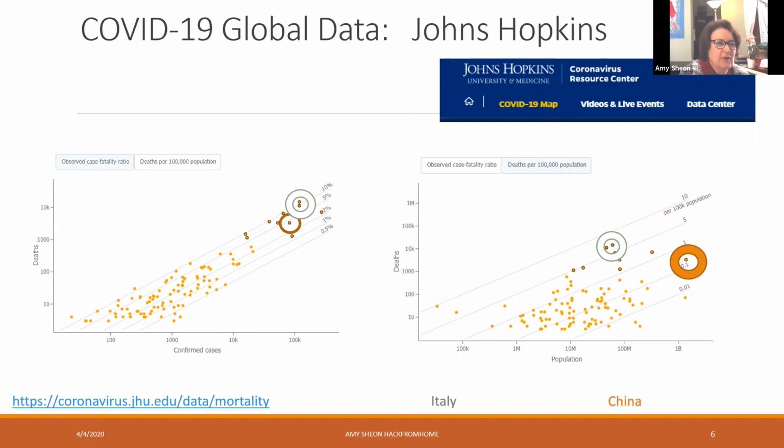And I've highlighted for you Italy and China. You can just see country by country the observed case fatality ratio ranging from 0.5% to 10%, and that goes up generally. The more cases there are, the higher the likelihood of dying.